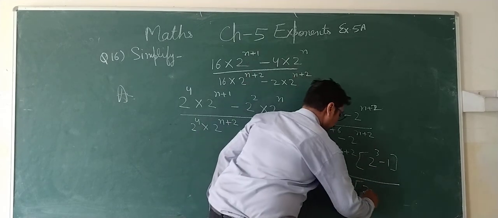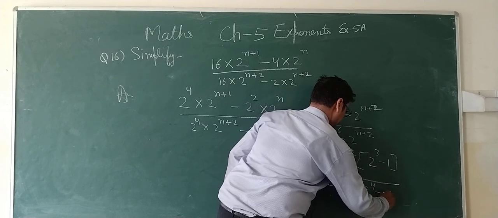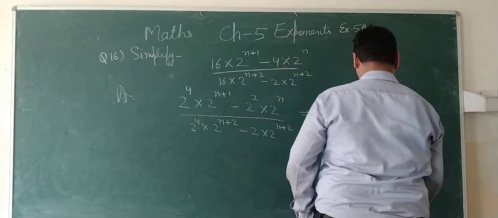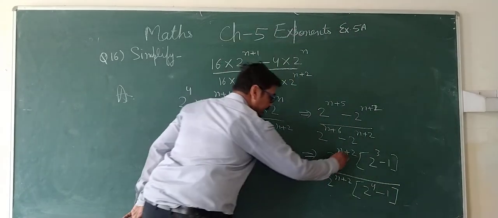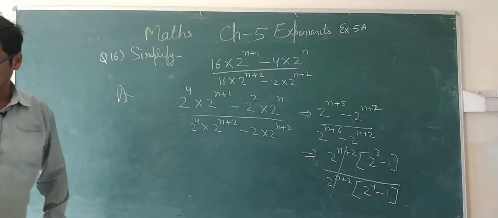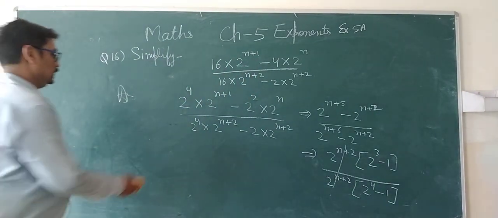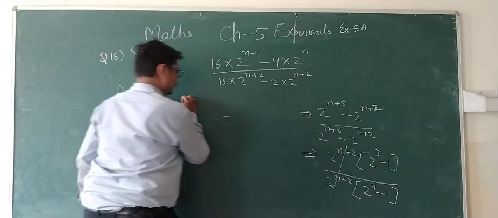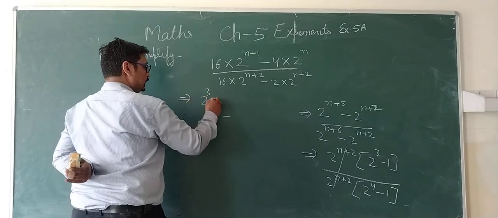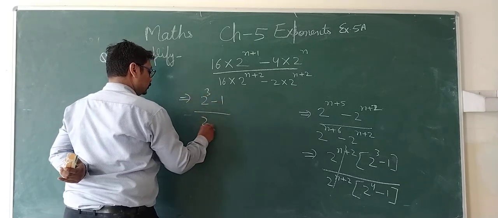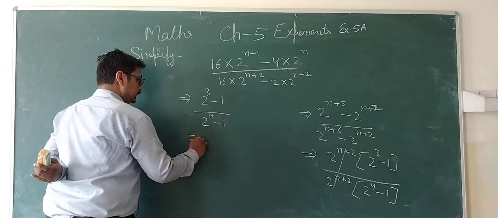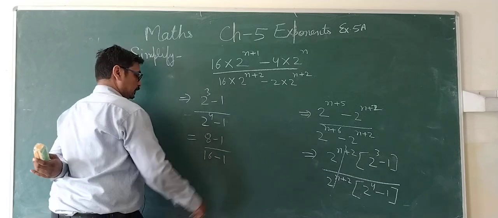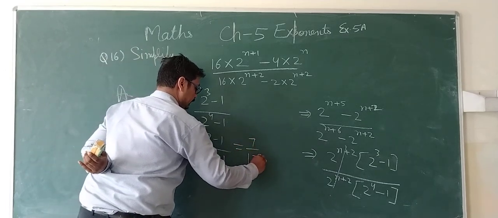It becomes 2^4 − 1. These values get cancelled. Now this becomes (2^3 − 1) divided by (2^4 − 1). It is (8 − 1)/(16 − 1). It is 7/15. This is the answer.